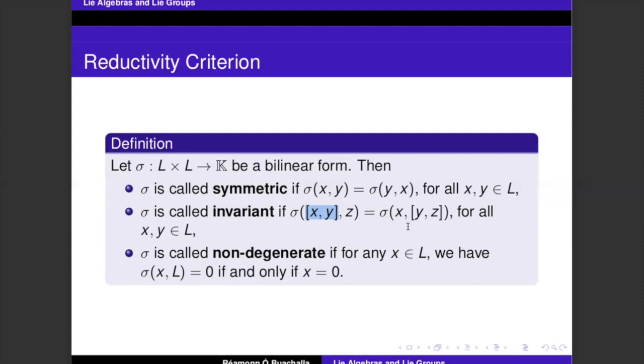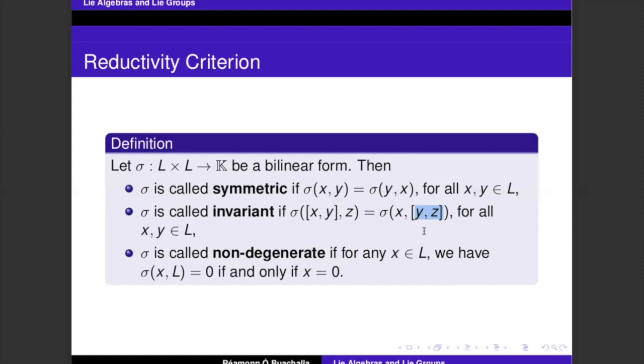Now, another option we have is we can take the Lie bracket of Y and Z, and then let sigma act on X and this new element. That's another perfectly reasonable way. There's no preference here. There's no reason why doing it at the start or at the end should be different.